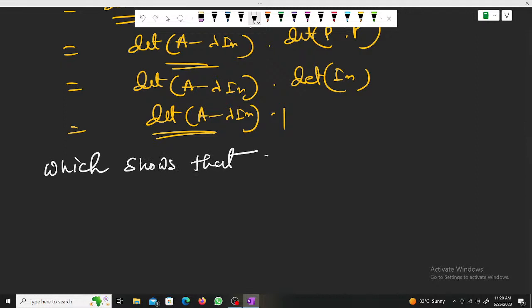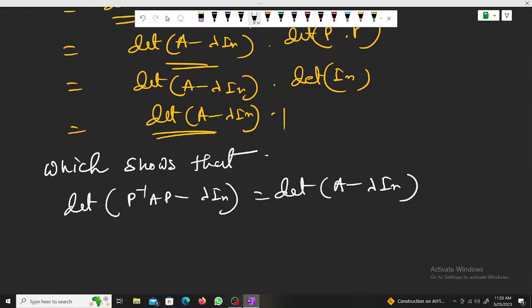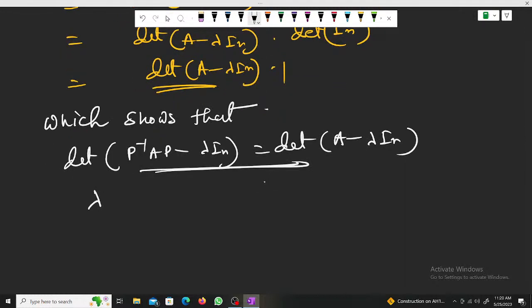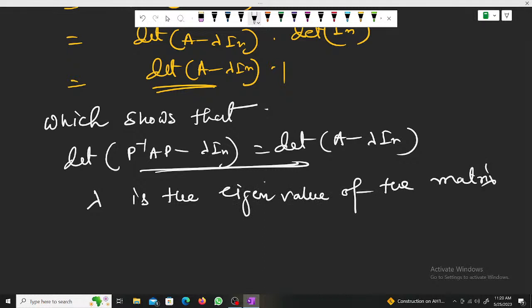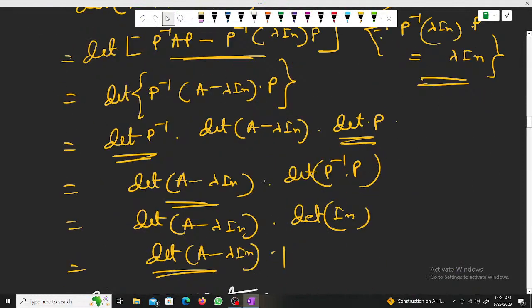Which shows that determinant of P inverse AP minus lambda I n is equals to determinant of A minus lambda I n, which shows that this equation implies that lambda is the eigenvalue of the matrix P inverse AP and A. This is my claim, hence our theorem is proved.